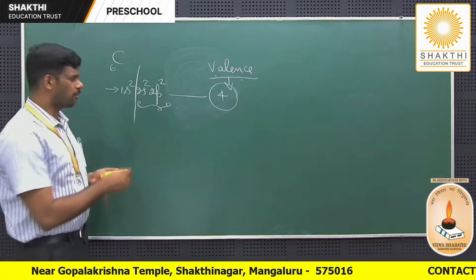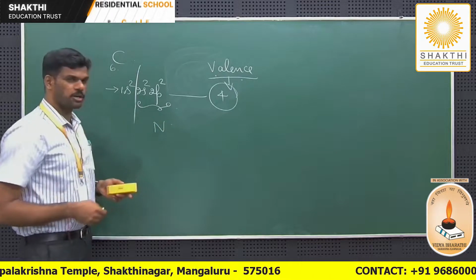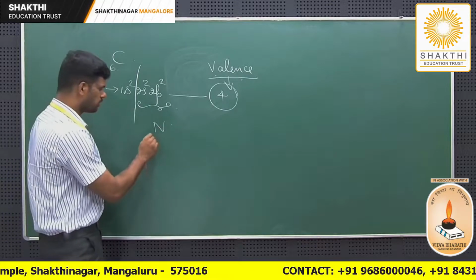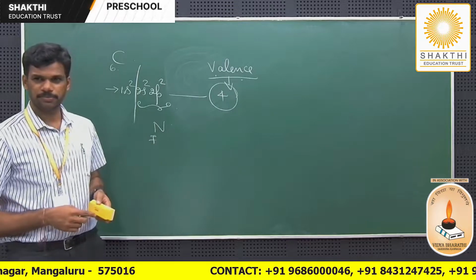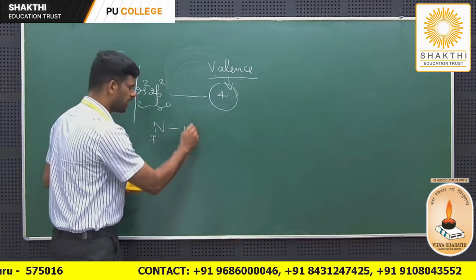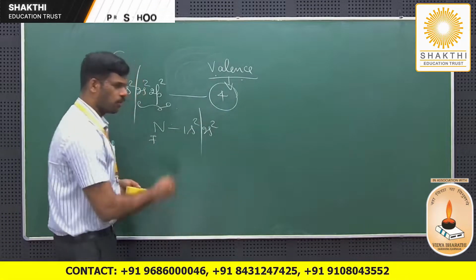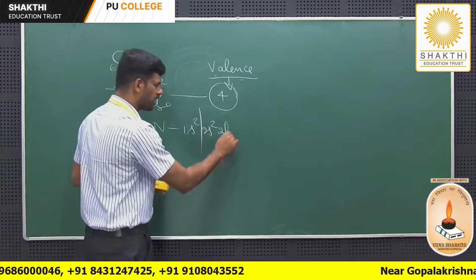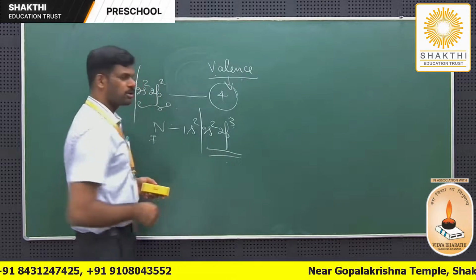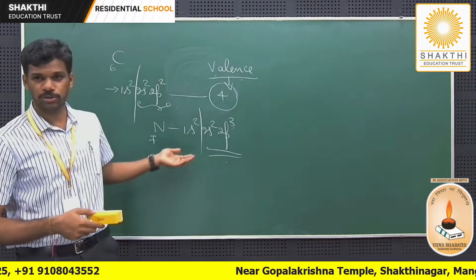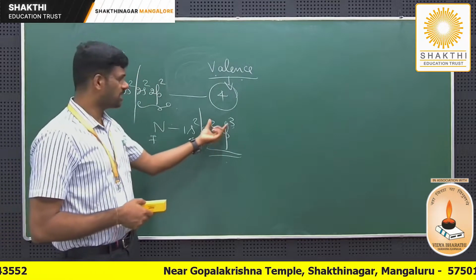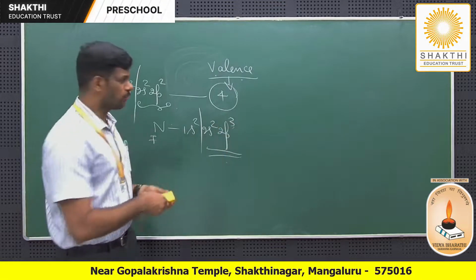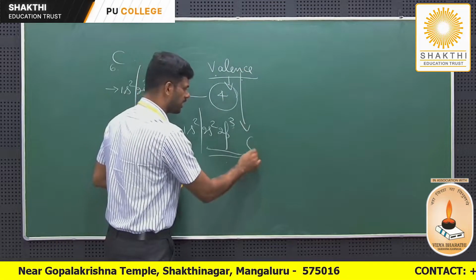If you have a doubt, just write the electronic configuration of nitrogen with atomic number 7. I say nitrogen has electronic configuration 1s2, first orbit is completed, 2s2 and 2p3. Can I say the number of electrons present in the outermost orbit of nitrogen is 5. So the valence electrons present in nitrogen is 5.